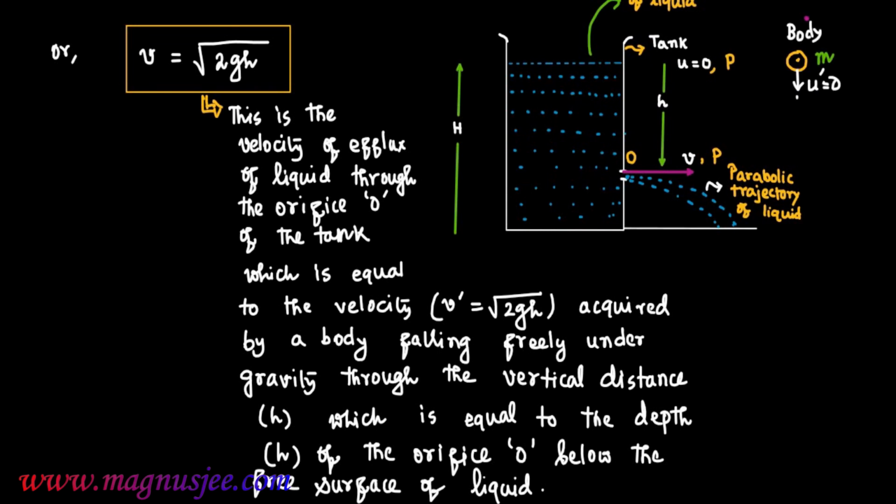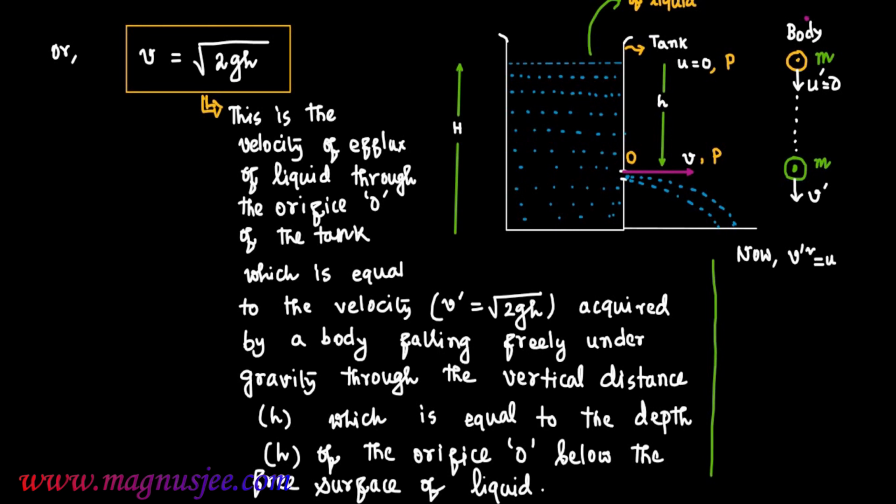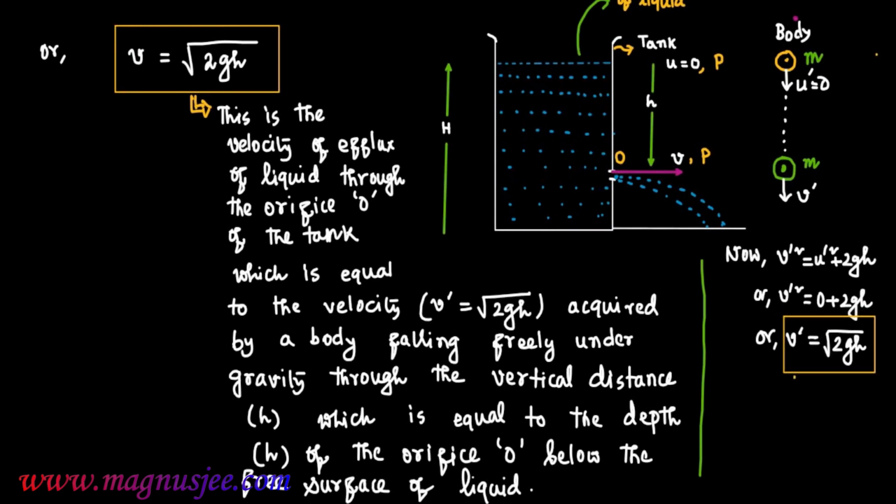Here in the diagram, at the point A the body of mass small m was at rest, that means u prime equals 0, and the body reaches the point O and acquires a velocity v prime. Using v square equals u square plus 2ah, we get v prime square equals u prime square plus 2gh, or v prime square equals 0 plus 2gh, or v prime equals root over 2gh.